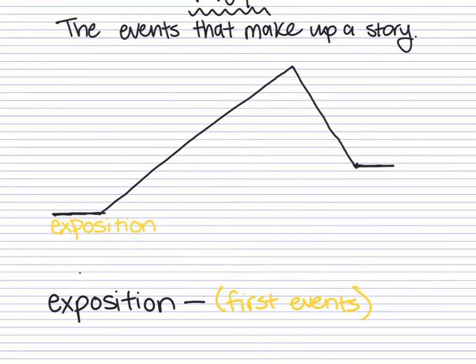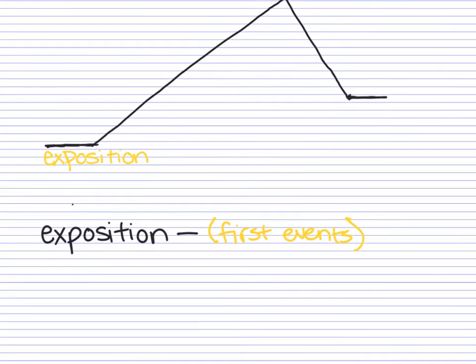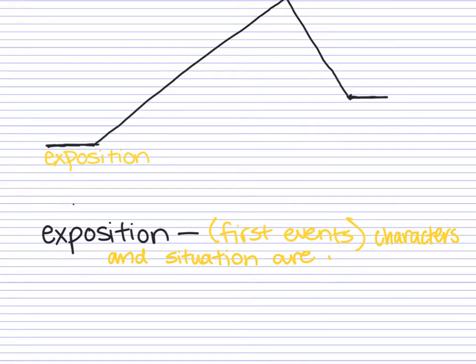Basically, the only things that happen during the exposition, or the very first part of the story, is characters are introduced. Well, I should say characters and whatever situation those characters are in. So characters and situation are introduced.